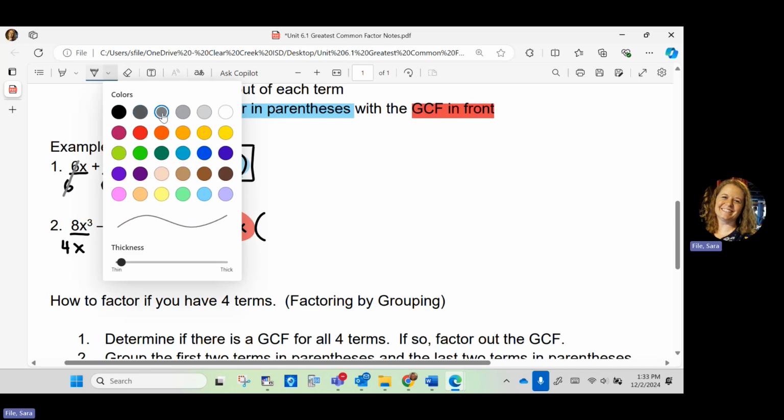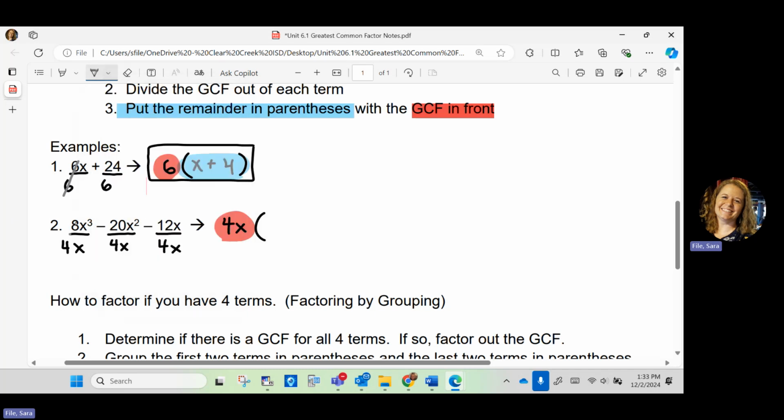Okay, so when I divide, what is here in the first term? 8 divided by 4. 2. And the x cubed divided by x. Remember, this is an understood power of 1 on these x's. So remember, you're subtracting. So x cubed divided by x to the 1, we're doing 3 minus 1.